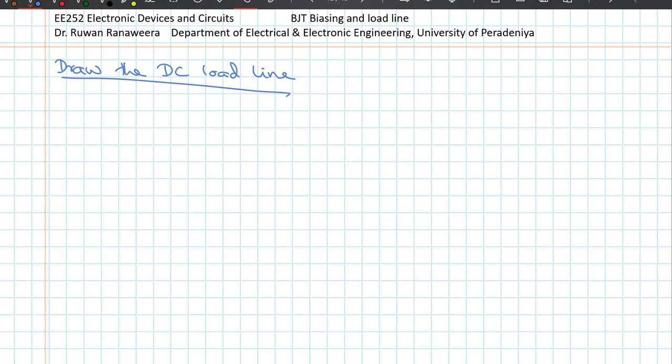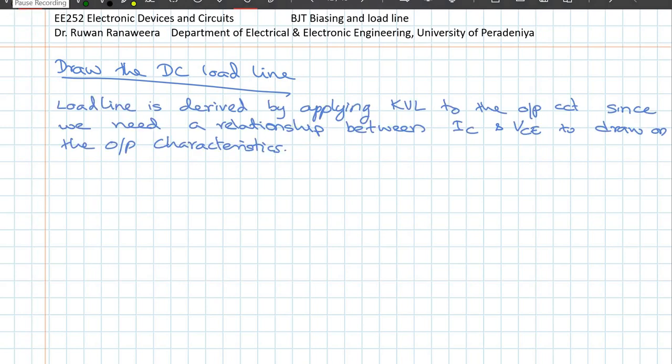So how do you do that? The load line is derived by applying Kirchhoff's voltage law to the output circuit, which we already did to find VCE. We need a relationship between IC and VCE to draw it on the output characteristics of the BJT.